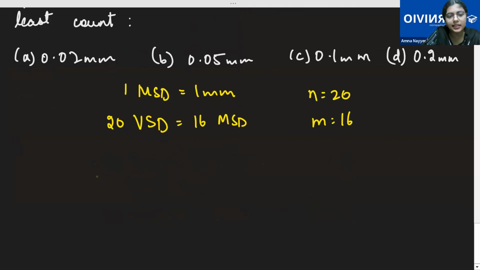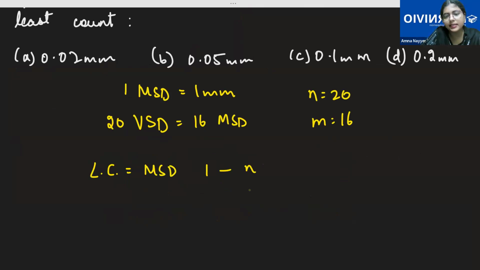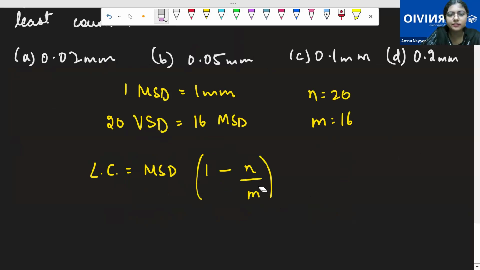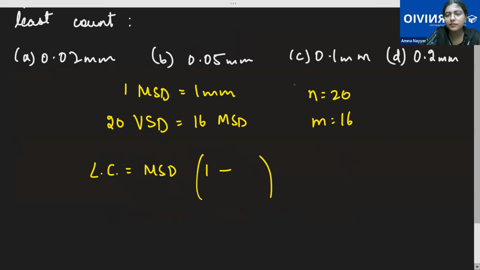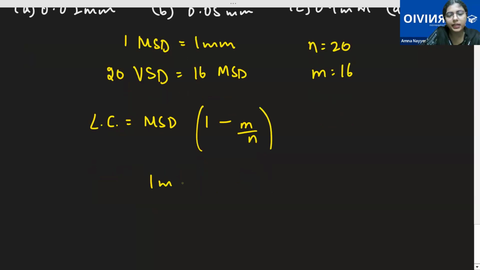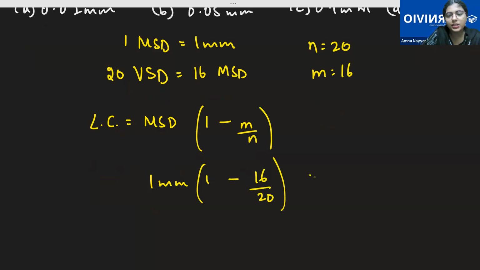The least count will be MSD times 1 minus M by N, which is 1 millimeter into 1 minus 16 by 20, which is 1 millimeter into 4 by 20. This is 1 by 5, so it is equal to 0.2 millimeter.